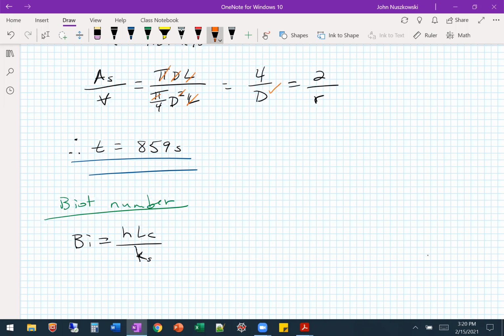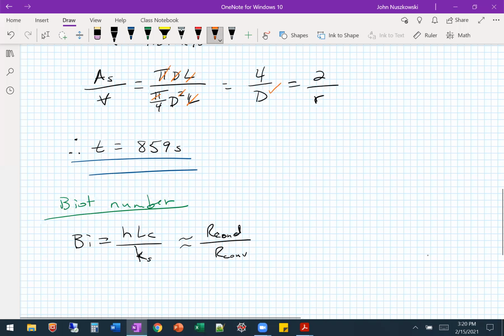As we saw in our lecture slides, this is a ratio of resistance from conduction over the resistance of convection. It's basically seeing which is more dominating, or is it very fast conduction relative to convection, so that we can assume it's isothermal inside the shaft. So any heat that gets put into the shaft equalizes and gives basically the same temperature throughout the shaft in the radial direction.